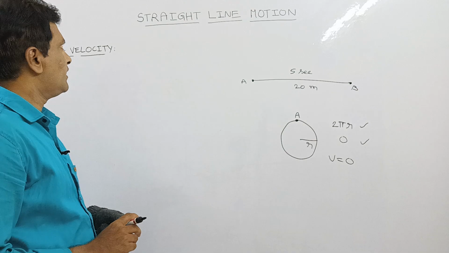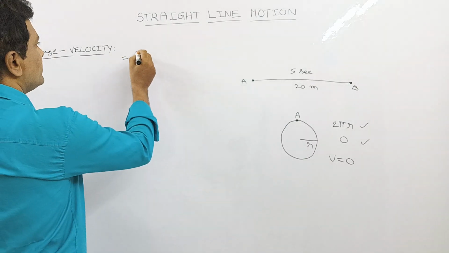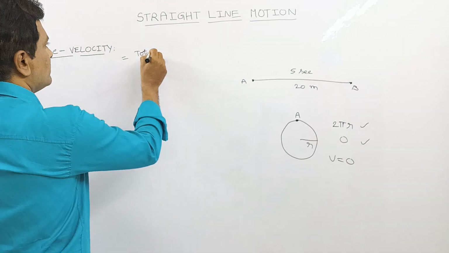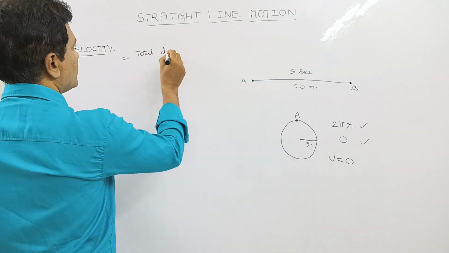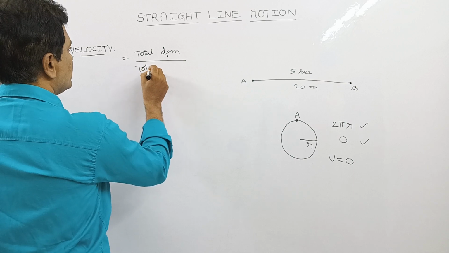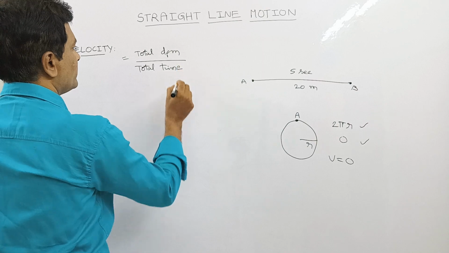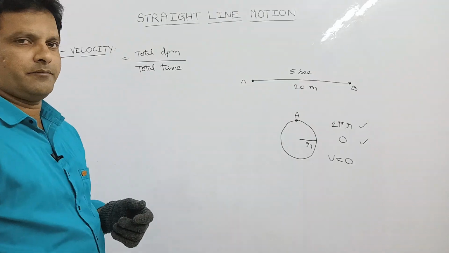See, the average velocity can be written as total displacement by total time. Total displacement covered by total time.